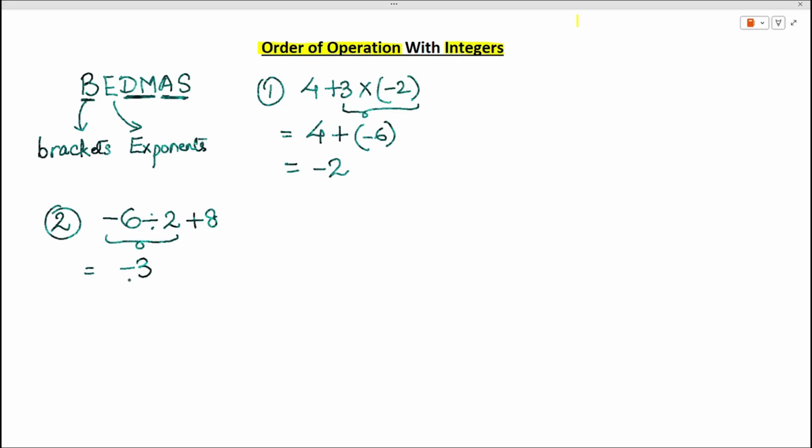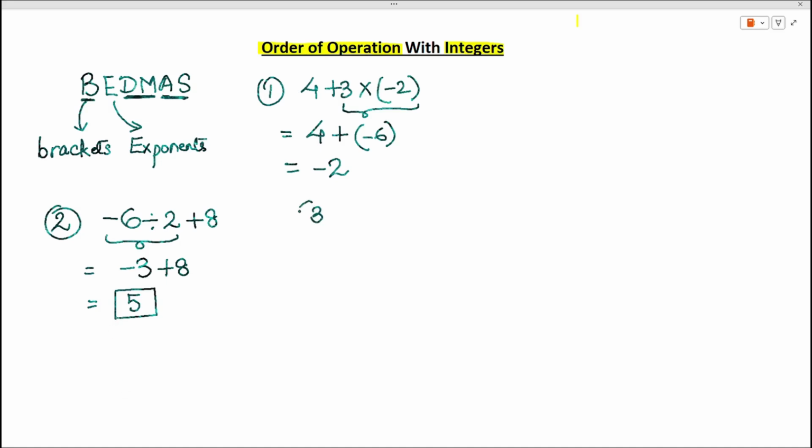The same rule is for multiplication also. And we've written down the result for that and now add it to 8. So -3 plus 8, they are opposite signs. So we are going to subtract them. 5, and the sign is the one which is on the bigger number. So 8 has a positive sign. So the answer is +5.